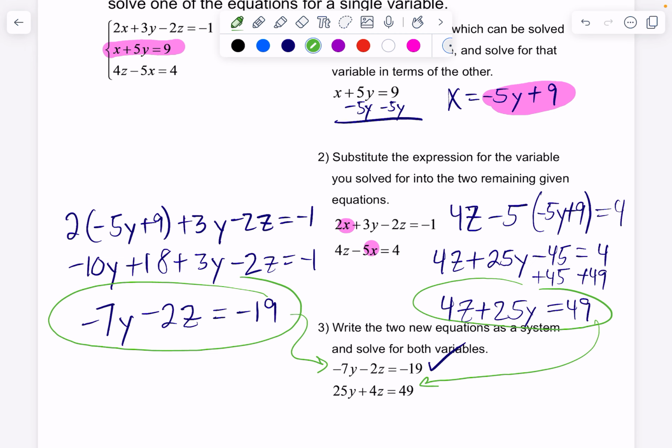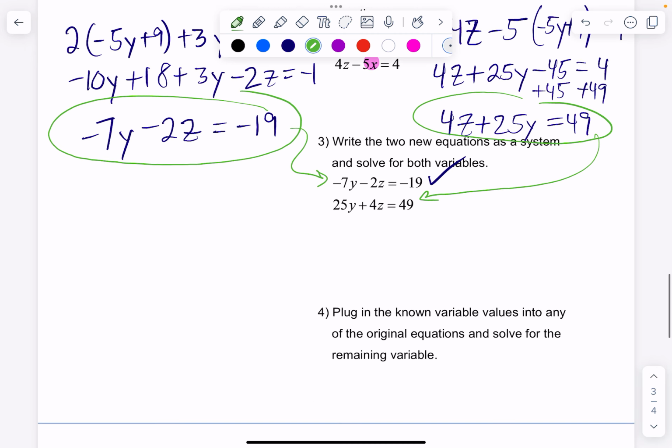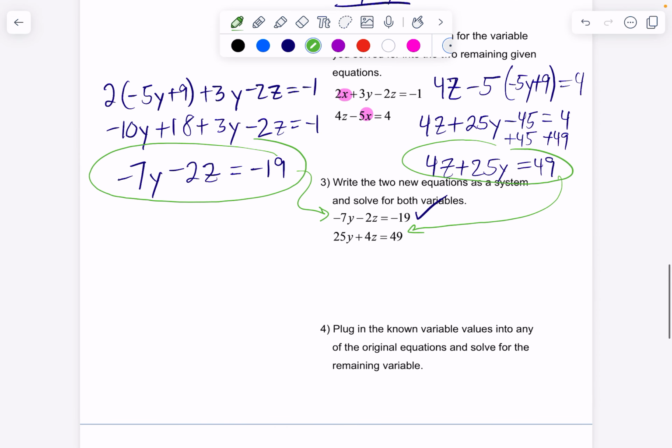Now that I have my system of two equations, I'm going to go ahead and eliminate one of the variables. Me personally, I'm going to choose to eliminate the z. So I'm going to multiply a positive 2 up here to the top equation, giving me negative 14y minus 4z equals negative 38.